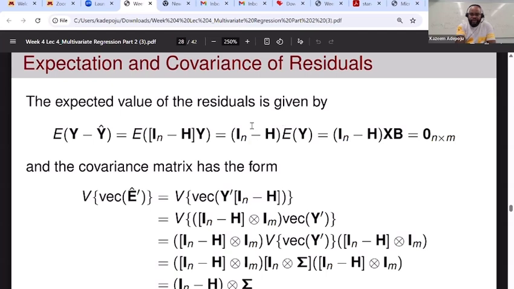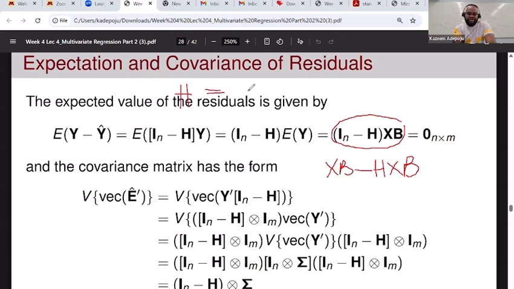We know from the model that the expected value of y is Xβ. So if you multiply out, identity multiplied by Xβ is going to be Xβ, minus H times Xβ.